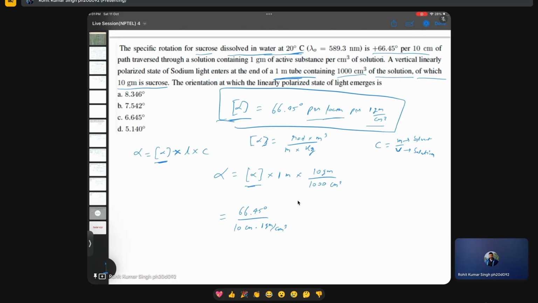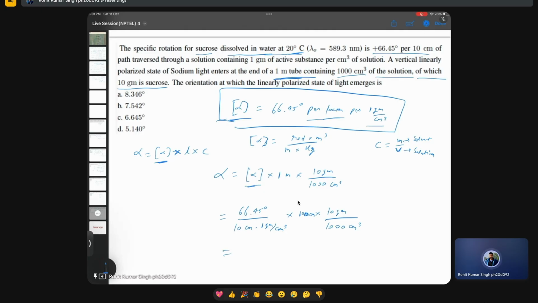And then it is multiplied by 1 meter. So 1 meter you can change into centimeter because everything is in centimeter. So you have 100 centimeter, and then you have 10 gram divided by the 1000 centimeter cube. Fine.